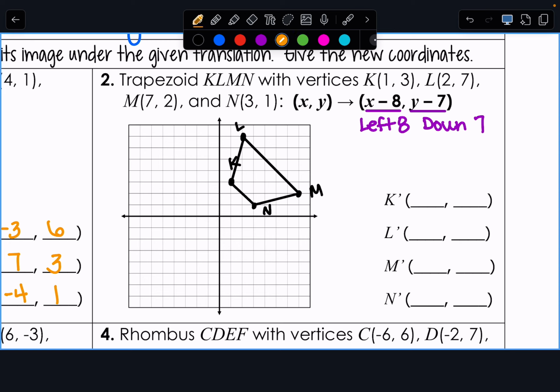Yep. All right, I'm going to start with K. We're going to go left 1, 2, 3, 4, 5, 6, 7, 8. And then from that new coordinate, we're going to go down 1, 2, 3, 4, 5, 6, 7.